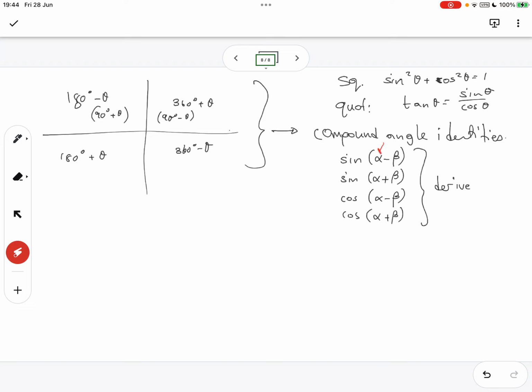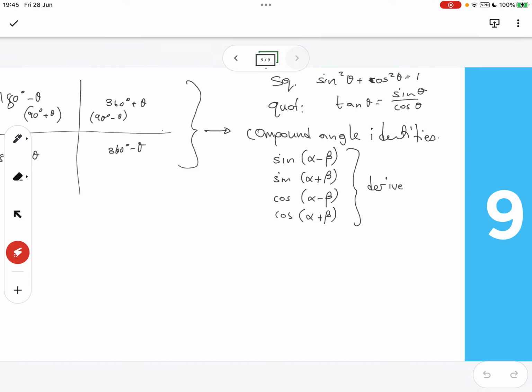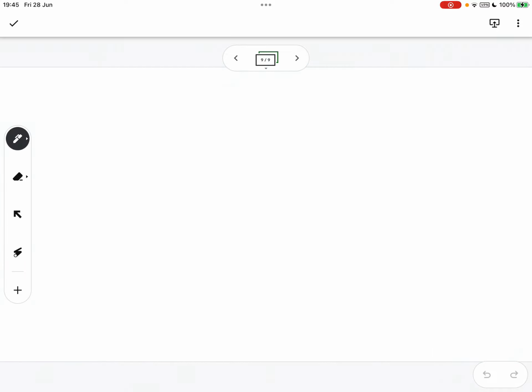So we will use one angle as alpha and represent another angle as beta, and we'll say the difference of those angles or the sum of those angles is what we're going to look at. And each one is going to have its own expression, right?